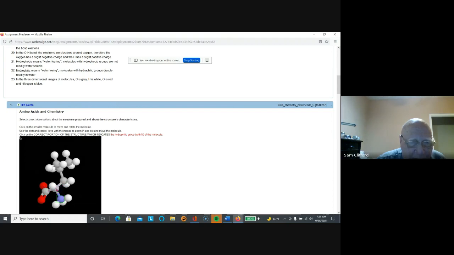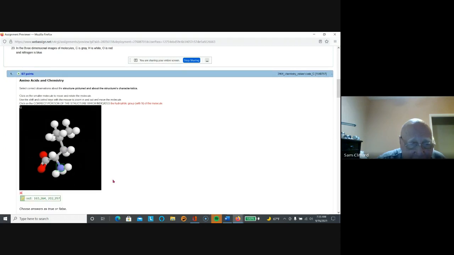This is the central atom. Remember, this is oxygen. I'm sorry, carbon. Carbon, and these are the hydrogens of the hydrocarbon chain. So this particular amino acid has, of course, the carbonyl group, the amine group, and a hydrocarbon chain, and it is leucine.